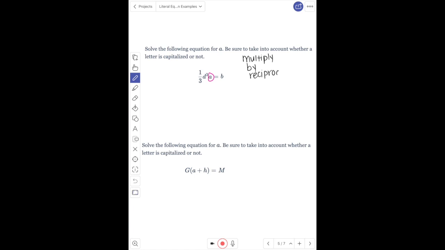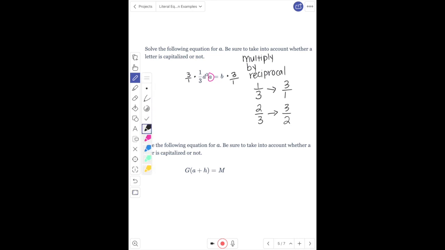The reciprocal is where you flip the fraction: if I have 1/3, the reciprocal is 3 over 1. If I have 2/3, then my reciprocal is 3 over 2. So I'm going to multiply by 3 over 1, or just 3, to get rid of that fraction.